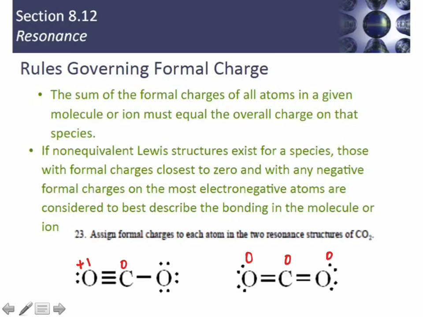Carbon is a 0. Oxygen on this one is a -1. So which one of these is going to be the most prevalent one, the one that we're going to see? Which is favored most? The one with the zeros, okay? And that's why we see it drawn like that, because that's the most favored structure.